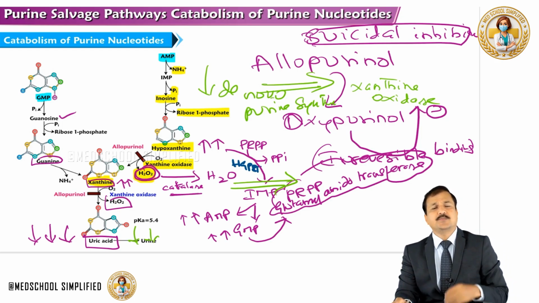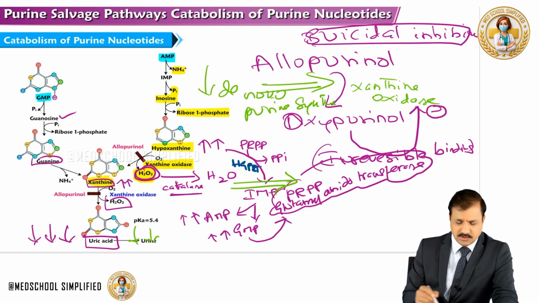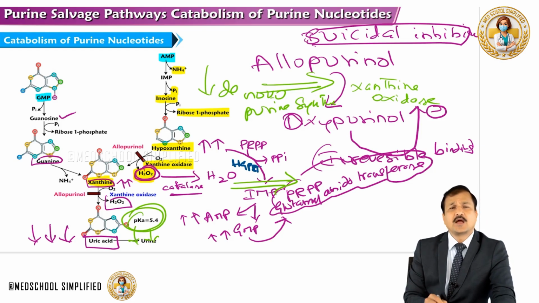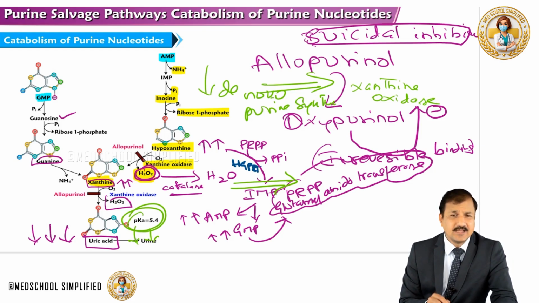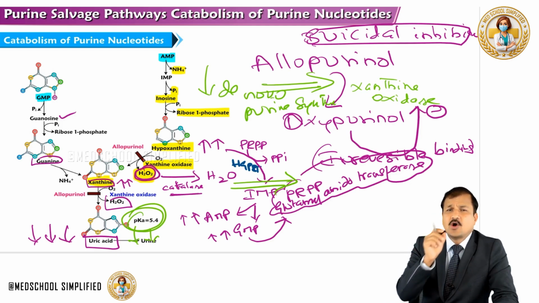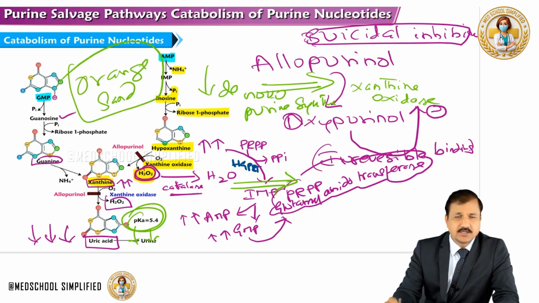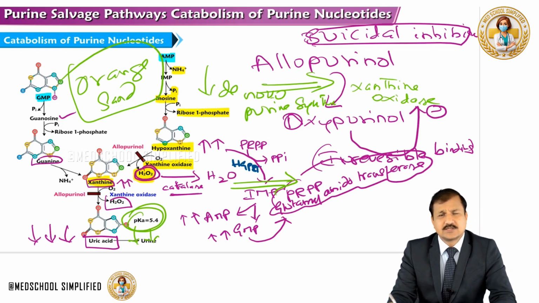So this is the purine salvage pathway and degradation of purine nucleotides. Also note that uric acid has a pK of 5.4, and if the urine pH decreases, uric acid will undergo protonation and crystallize, making uric acid crystals, and that may lead to an orange sand appearance in the urine, or uric acid stones can form if the urine becomes acidic.